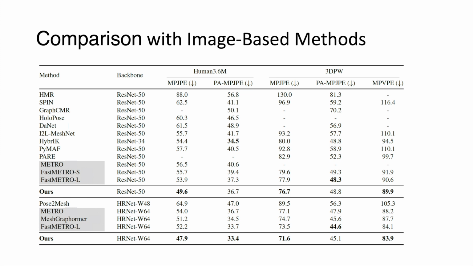In this table, we compare our method with prior image-based human mesh recovery methods, spanning both CNN-based and transformer-based approaches. Our evaluations are conducted on the 3DPW and Human3.6M datasets. On the Human3.6M dataset, our method achieved 49.61 MPJPE and 36.73 PA-MPJPE.